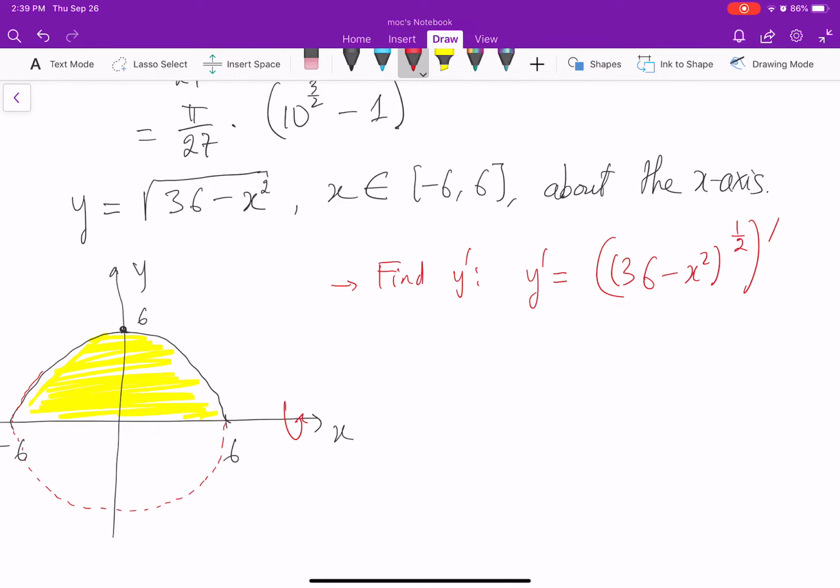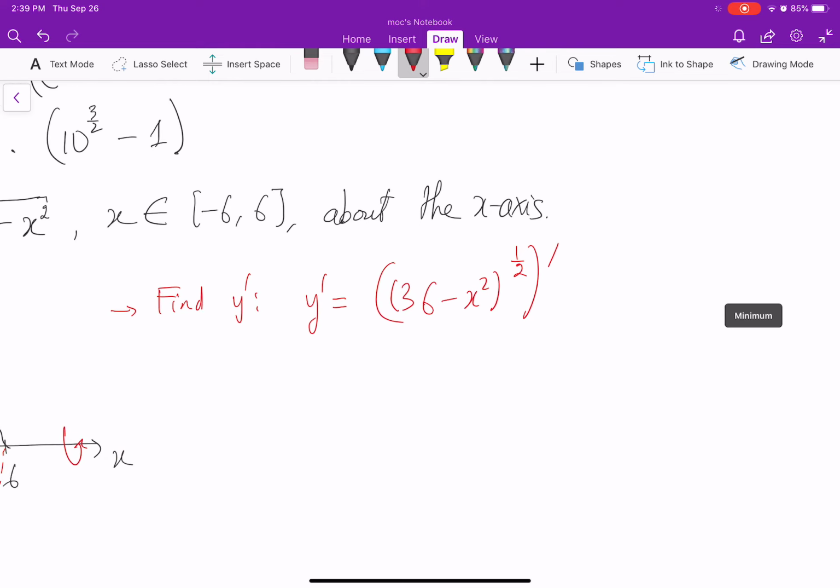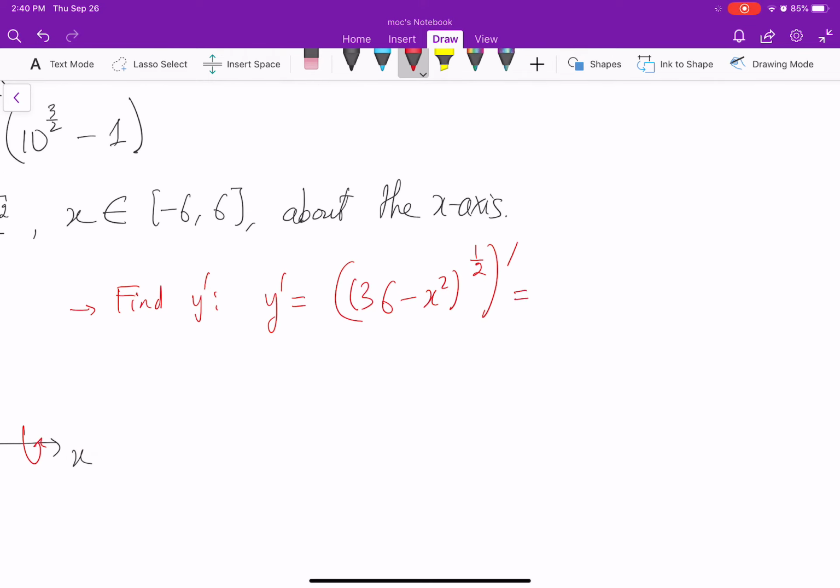Then I use the chain rule. The outside function is the power. I bring the power down and have 36 minus x squared to the 1/2 minus 1, and multiply by the derivative of the inside. The derivative of the inside is just -2x.